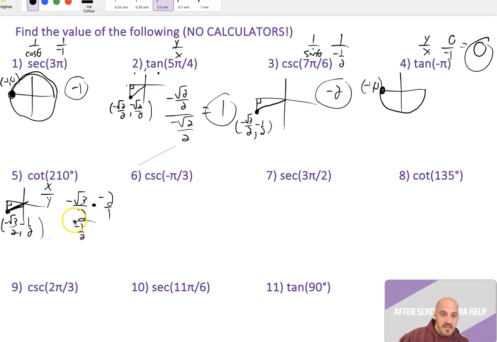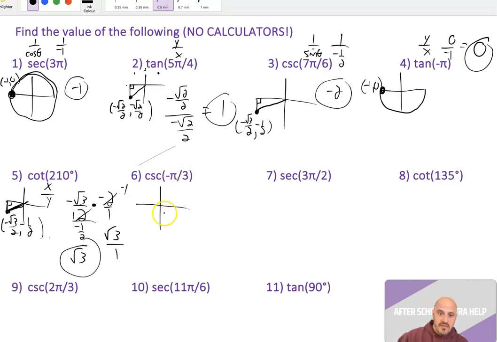Conveniently, I have a 2 in the denominator and a 2 in the numerator, so I can cancel and I'm left with negative 1. Negative root 3 times negative 1 is positive root 3 over 1, which is just root 3. So that's one of those new numbers I'll get today. And negative 2 is also a new answer that I'll get quite frequently.